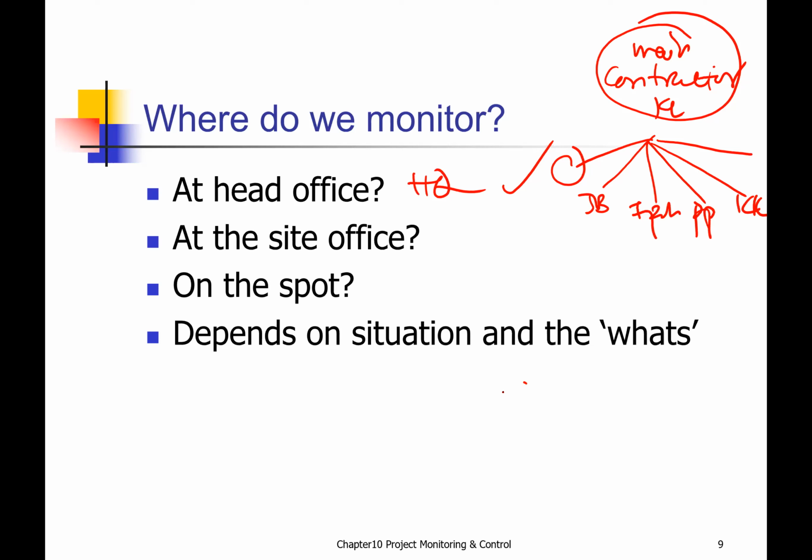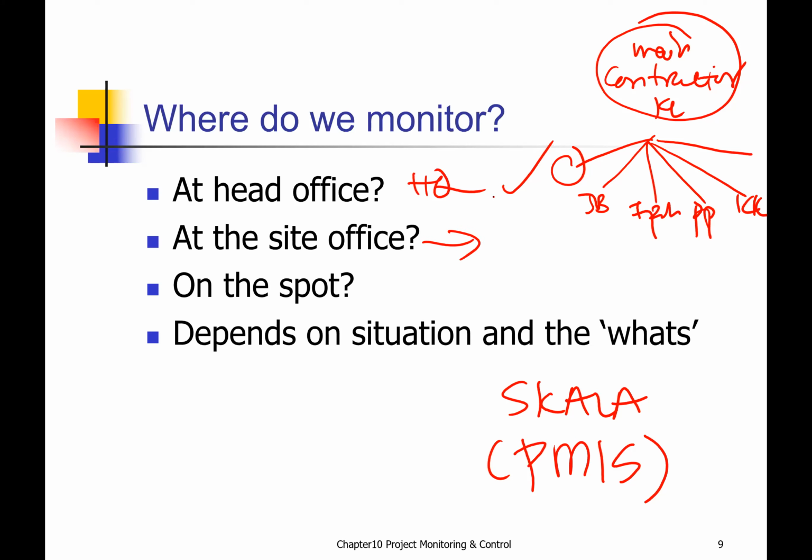They call it SKALA. In commercial software, we call it Project Management Information System. So you don't have to go to the headquarters to bring all the information. You just put everything in front of your computer, and then people at the headquarters can see the current progress.